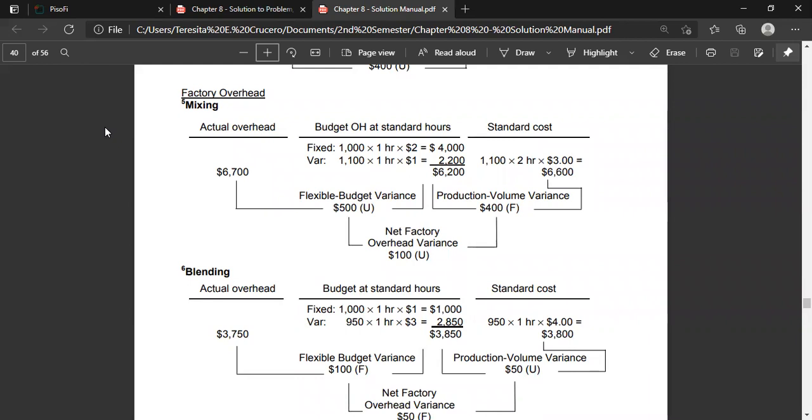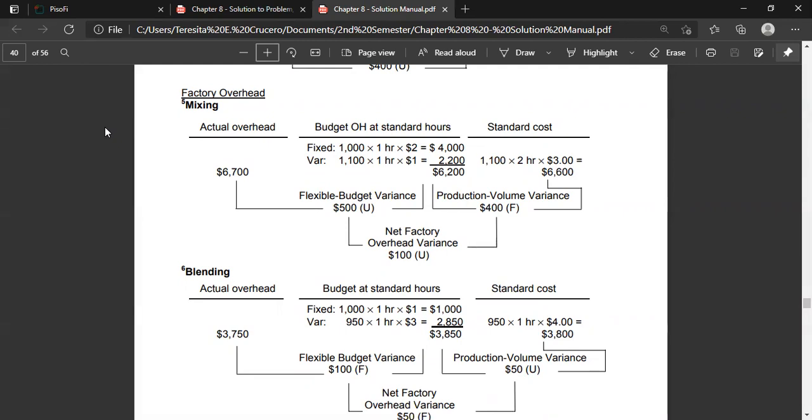It's unfavorable because the budget overhead at standard hours is lower than the actual, meaning actual is higher. Then standard cost, 1,100 times 2 hours times 3 is 6,600. The production volume variance is 400 favorable.